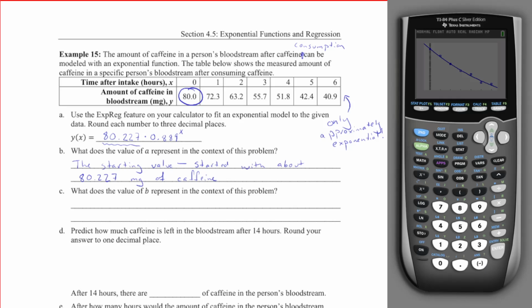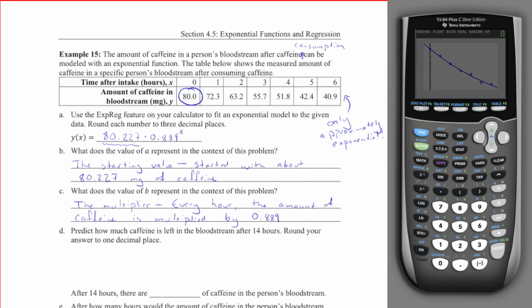The value B means, right, this represents the multiplier. Every hour, the amount of caffeine is multiplied by 0.889.